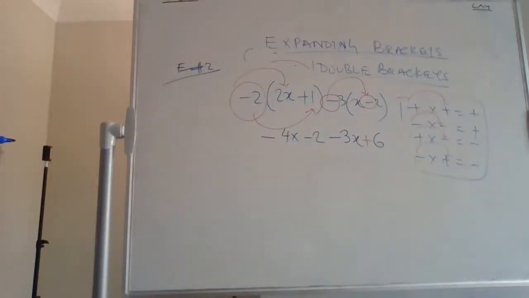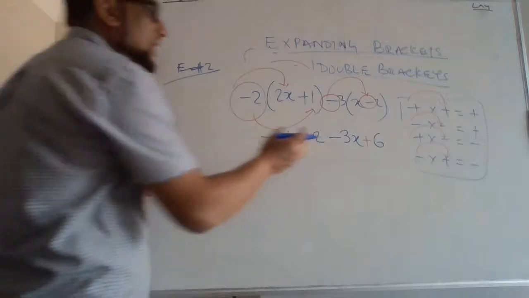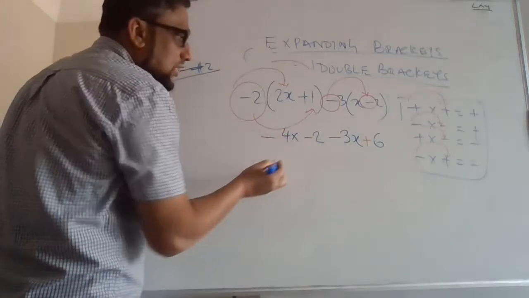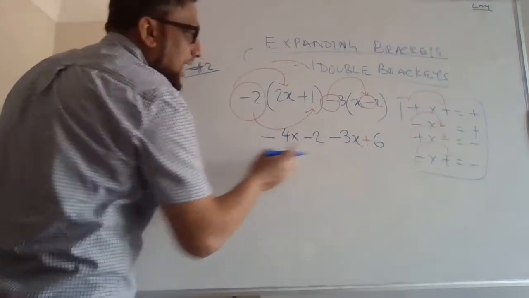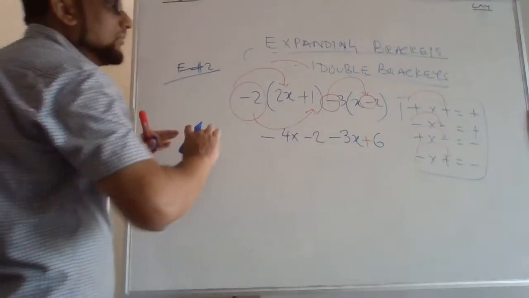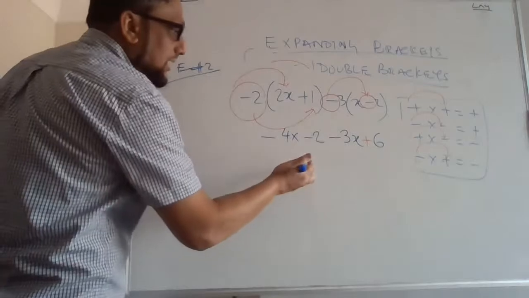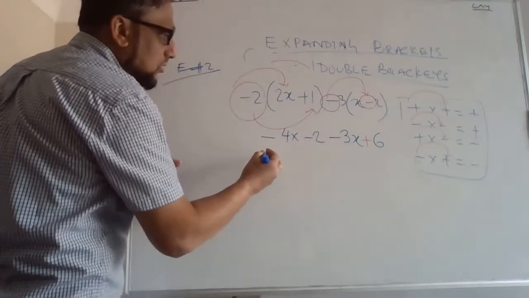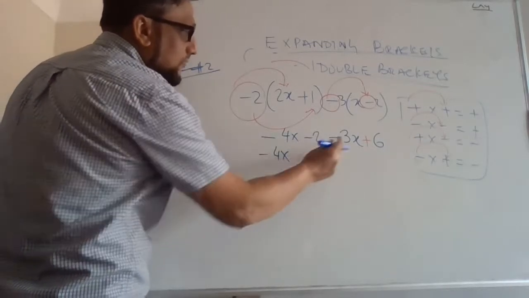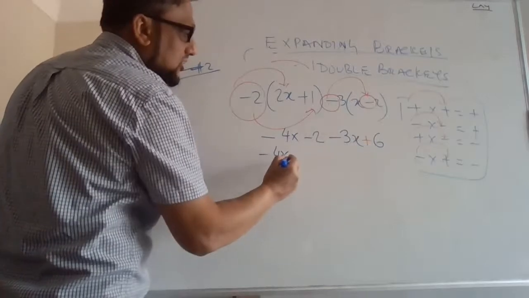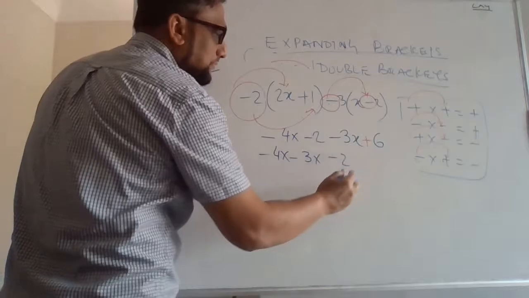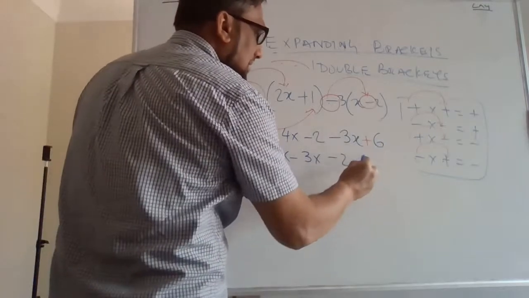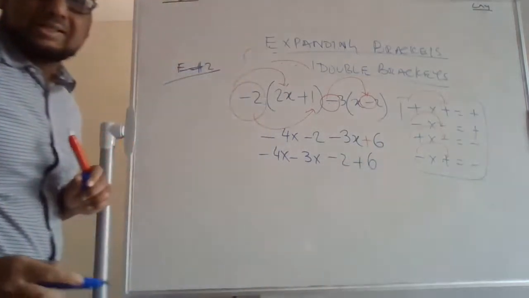Now after expanding the brackets, you need to simplify. Look at this one. The same way, we need to make a group, with the variable x on one side and the numbers on the other side. So I'm going to write in order minus 4x, minus 3x, and this is minus 2 and this is plus 6.